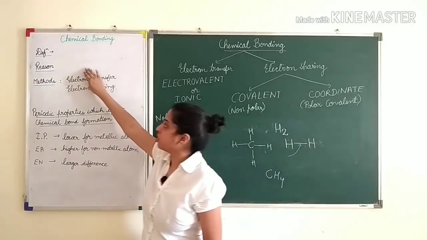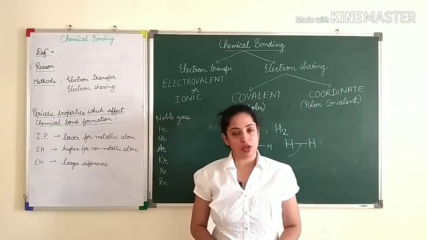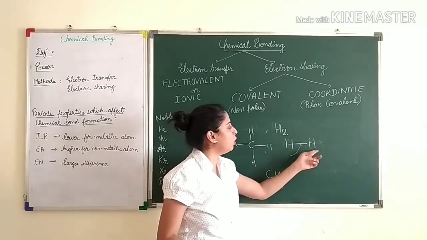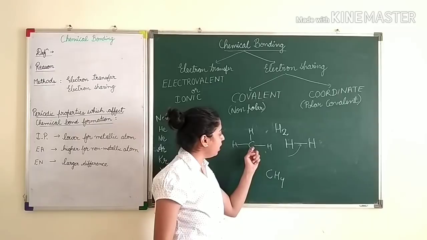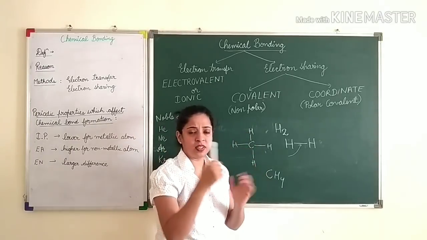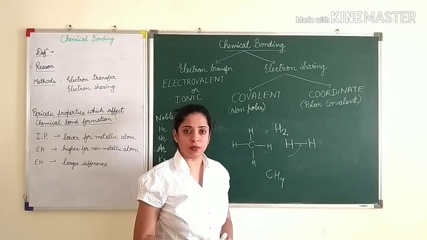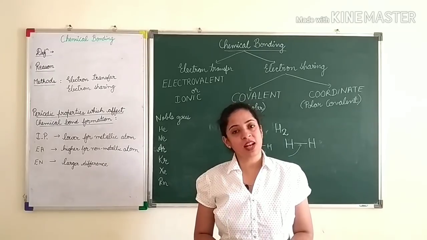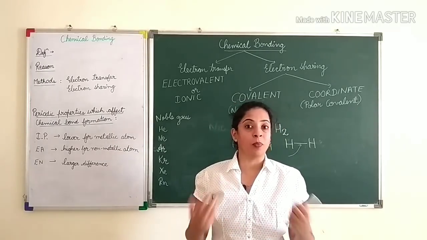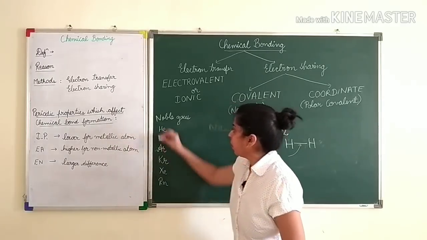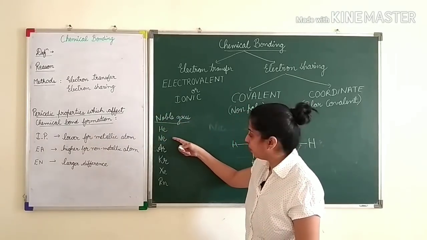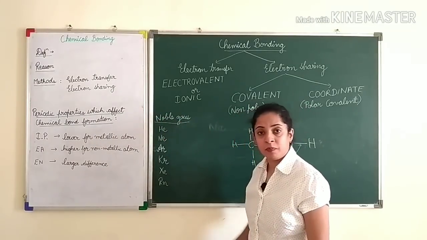Okay. Now next is, what is the reason for formation of chemical bond? Why would hydrogen like to bond with hydrogen, or why would this carbon like to attach itself with 4 hydrogen? Okay. Now for understanding this, first we should know what are noble gases. Now children, you know these are the noble gases: helium, neon, argon, krypton, xenon, radon.